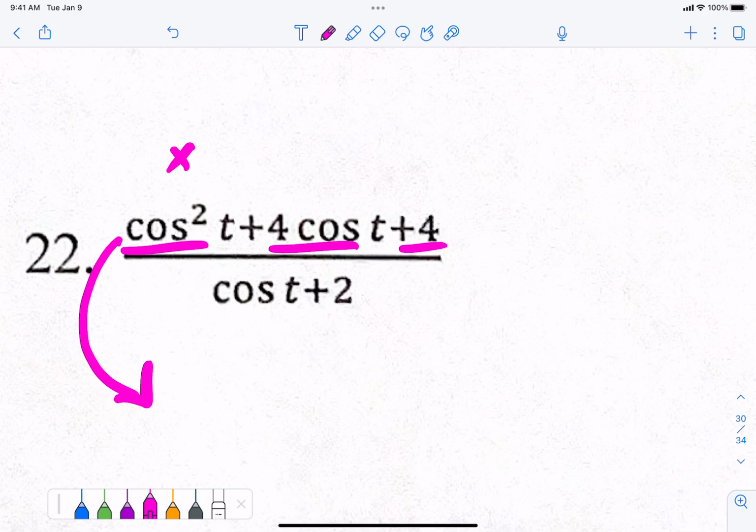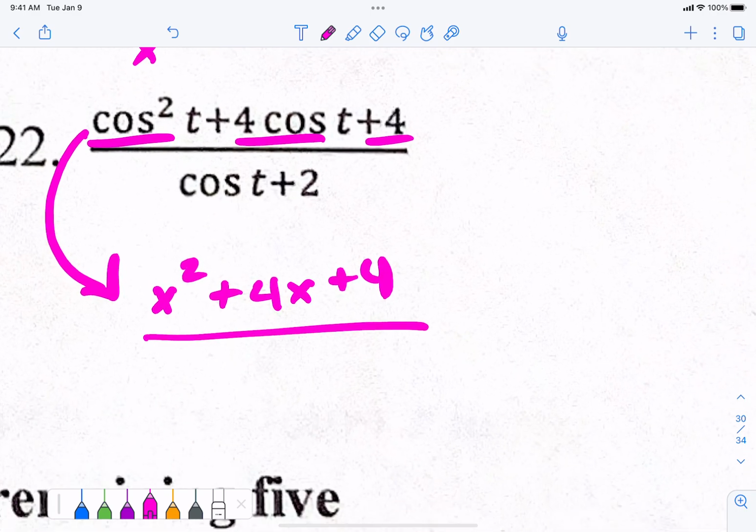So basically this top right here says x squared plus 4x plus 4 over x plus 2. If we let x take the place of cosine, this is literally a trinomial on top and x plus 2 on the bottom. You totally can do that.